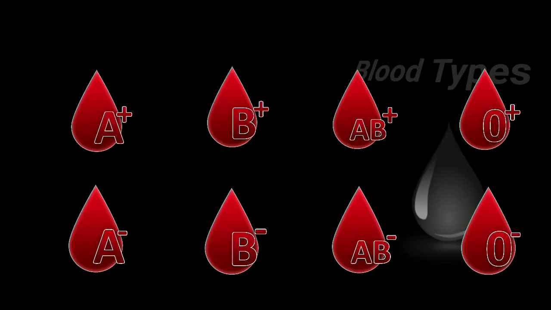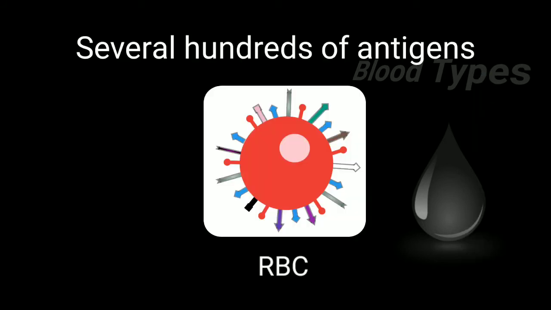These 8 blood groups are only considering the antigens of ABO and RH blood group system, but there are other several hundreds of antigens present over red blood cell surface. If mismatched during transfusion, it can lead to serious consequences.